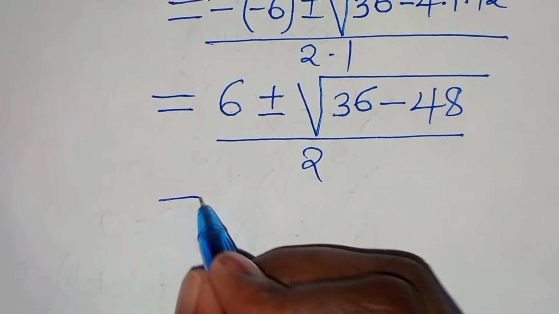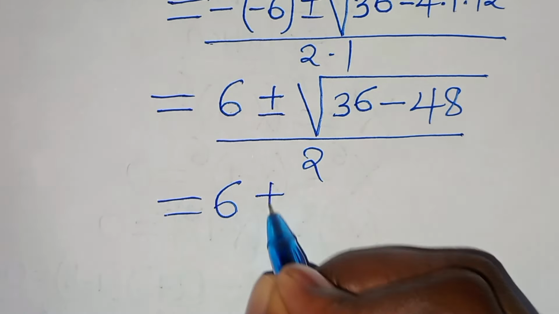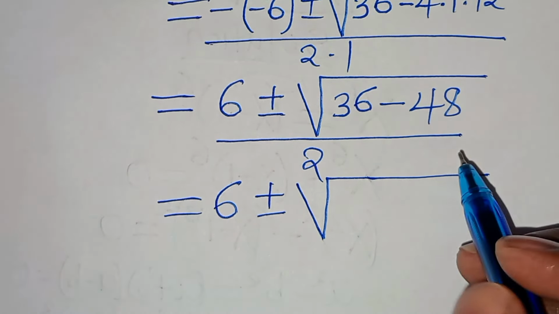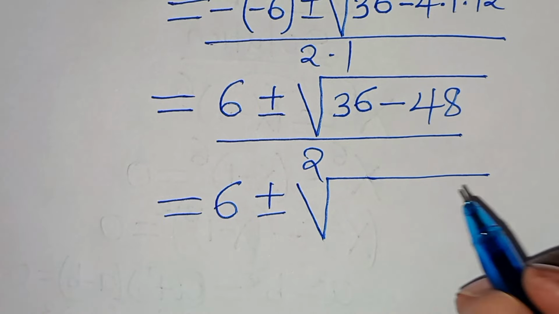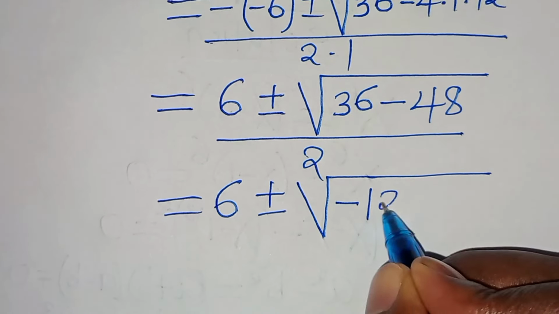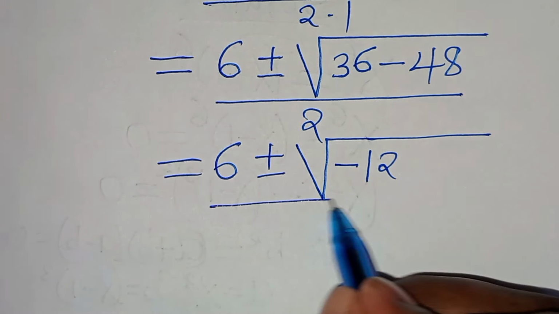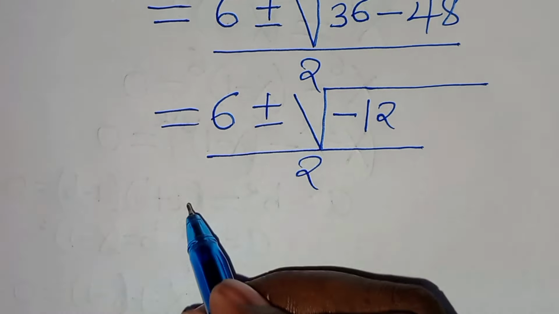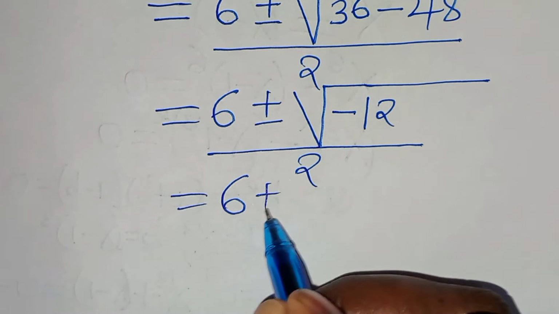So this means we have 6 plus or minus the square root of 36 minus 48, and this is equal to -12, everything divided by 2. So here we have 6 plus or minus.